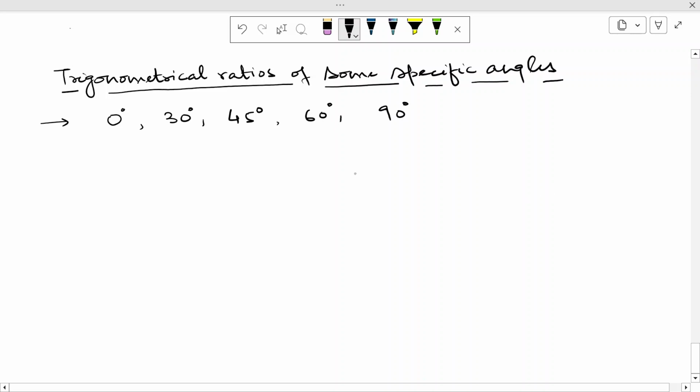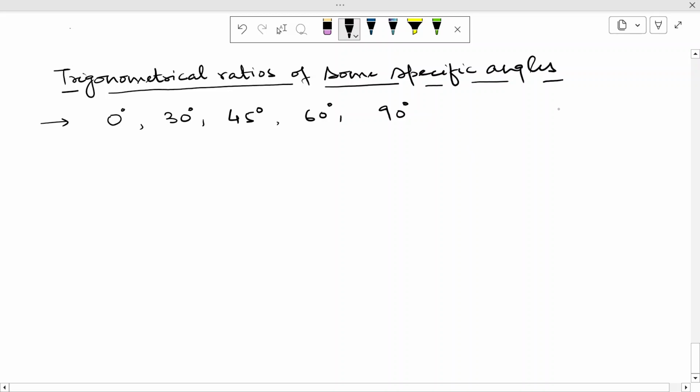This video is very important because generally students get confused how to memorize the values of different trigonometrical ratios for these angles.